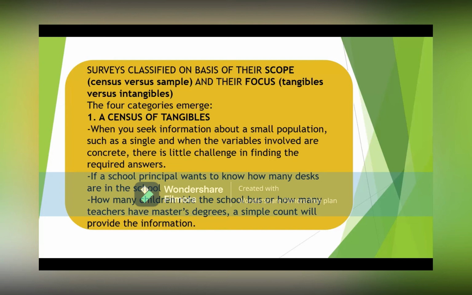A census of tangibles. When you seek information about a small population, such as a single school, and when the variables involved are concrete, there is little challenge in finding the required answers. If a school principal wants to know how many desks are in the school, how many children ride the school bus, or how many teachers have master's degrees, a simple count will provide the information.